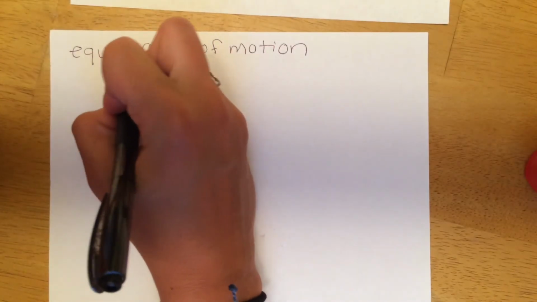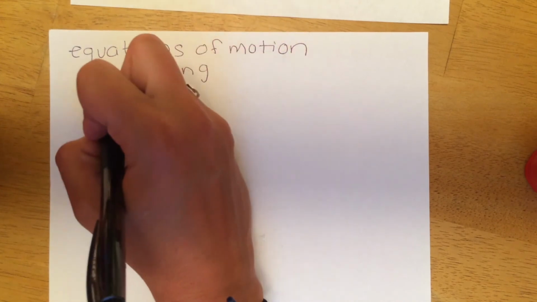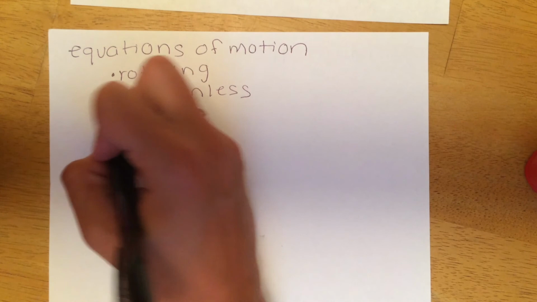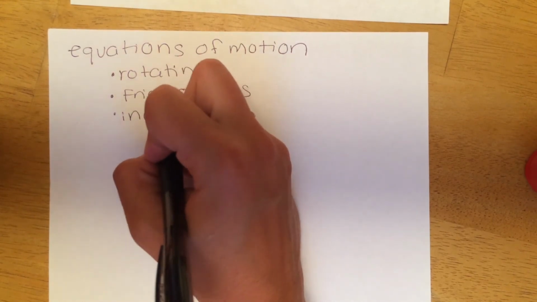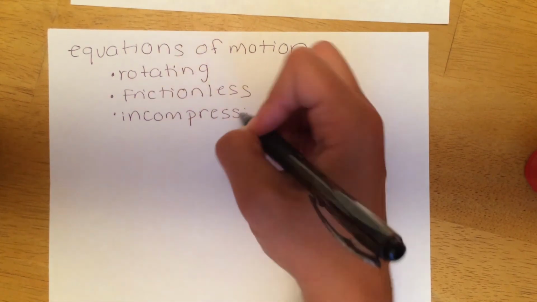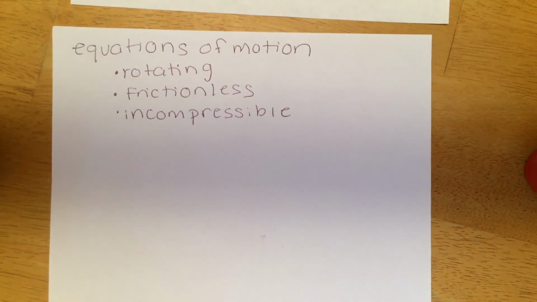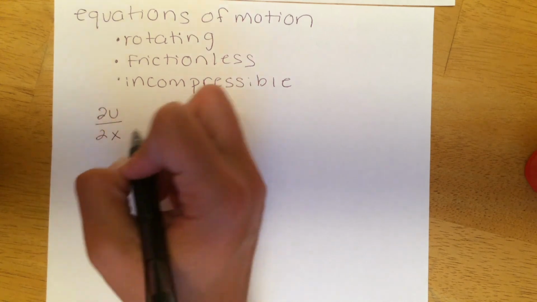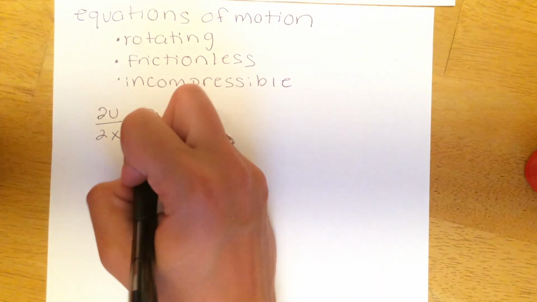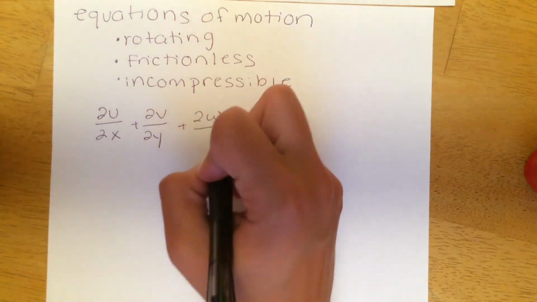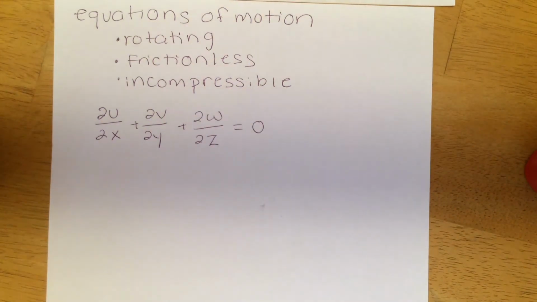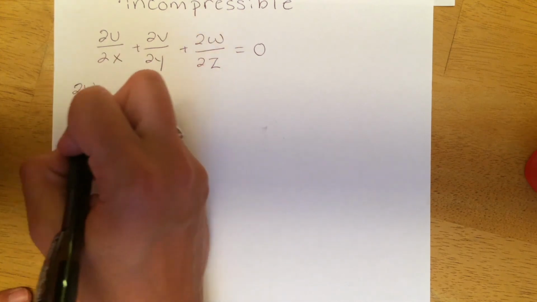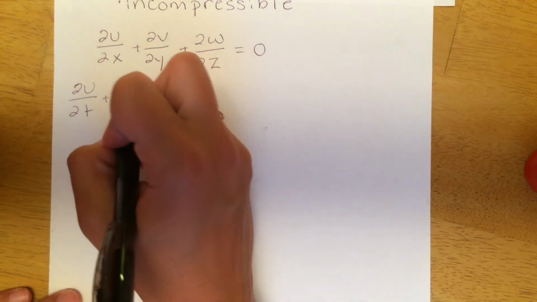And our final equations of motion for a rotating, frictionless, incompressible fluid are as follows. First, we have our conservation of mass equation. And then our three equations of motion.